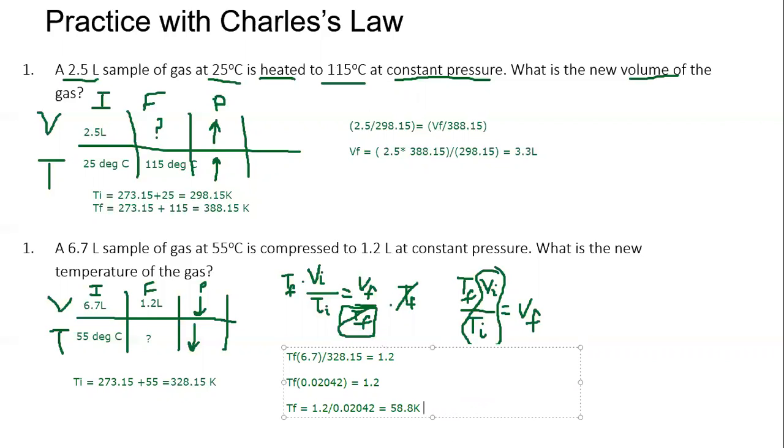So to convert it to degrees Celsius, we do 273.15 minus 58.8.